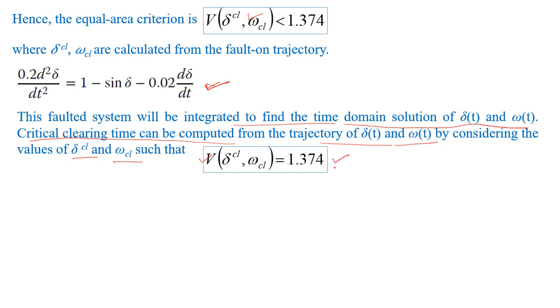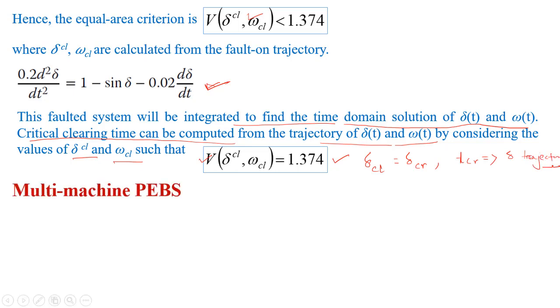When this is equal, your δcl will be equal to δcr, the critical clearing angle, and from this I can find the TCR from the δ trajectory. So easily I can find it.